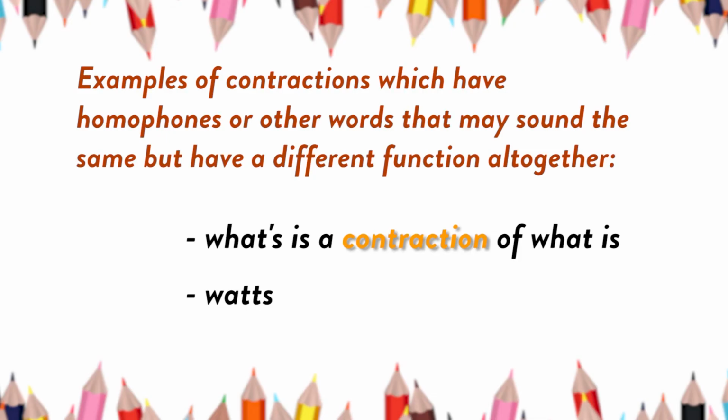Then we have what's. Remember, what's in contraction originally was what is. And we have watts that we use when we're talking about voltage or electricity, something of that nature. You talk about the wattage of a bulb, or you say you want a 20 watt bulb or a 30 watt bulb. What is the watts of the bulb?